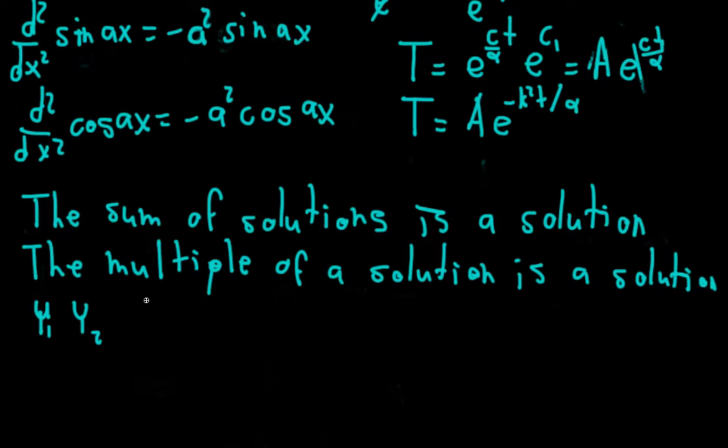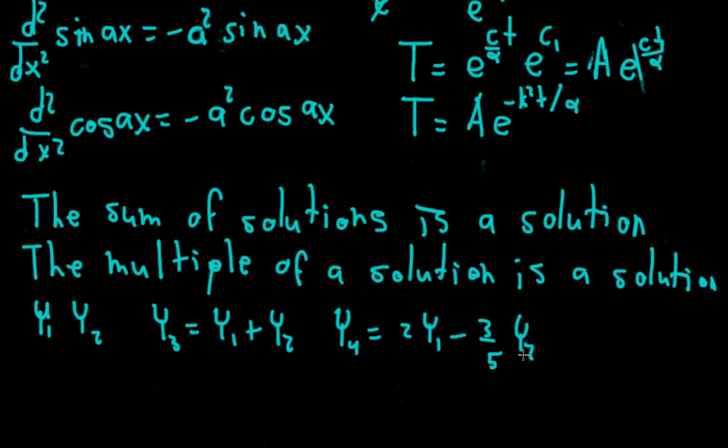This means that you could have some C3 that is equal to C1 plus C2, and this is also a solution. And you could have C4 that is equal to 2 times C1 minus 3/5 of C2. This is also a solution.